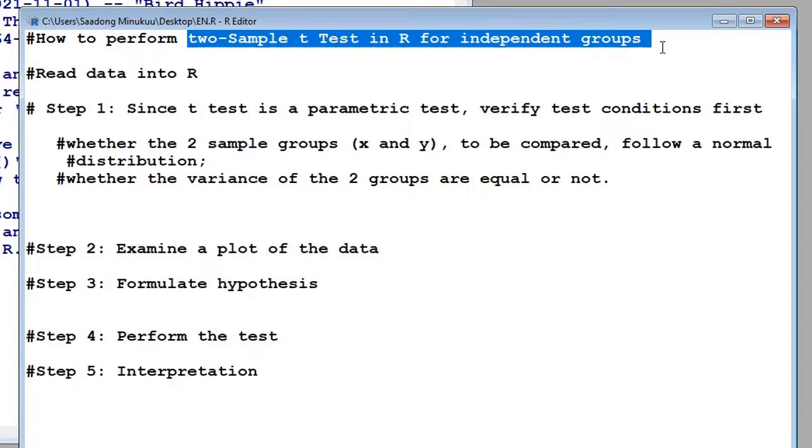Okay, so we have a sample of size, let's say 50, and on these 50 patients we're going to administer drug A, and then we will certainly have a washout period.